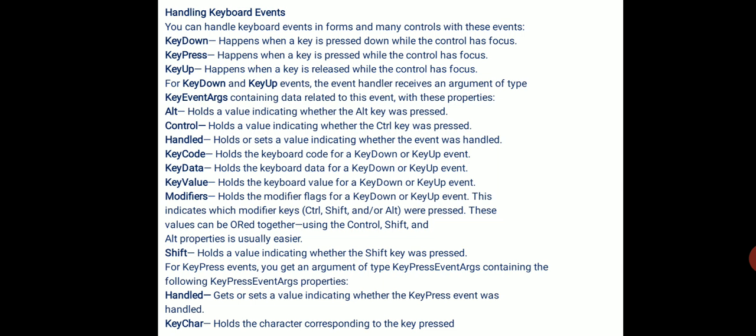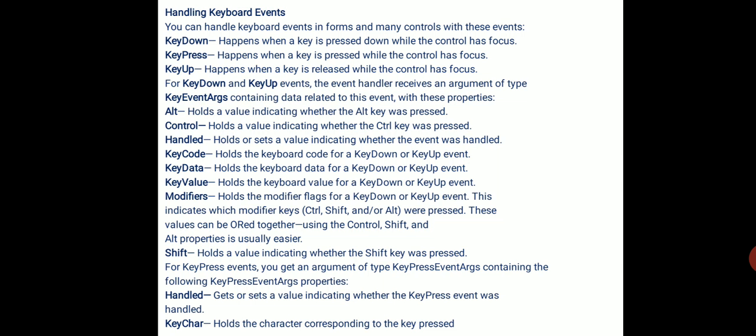See, when the control has focus, then if any key is pressed when a control has focus. So this is a key down event, and key press happens when a key is pressed while the control has focus. Key up happens when a key is released while the control has focus.